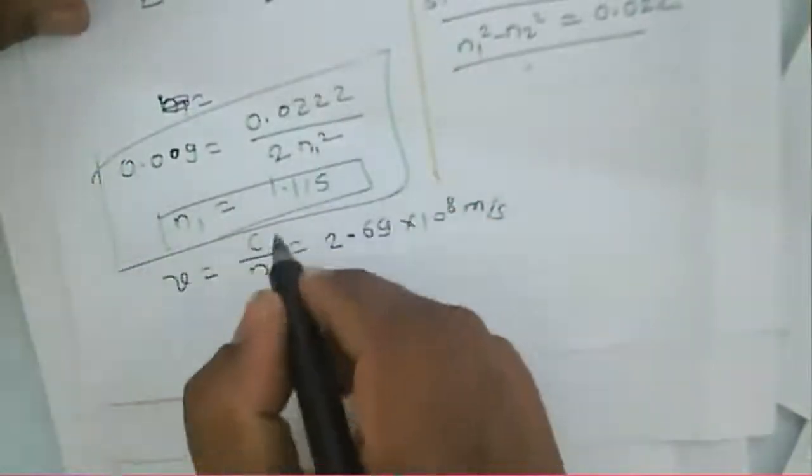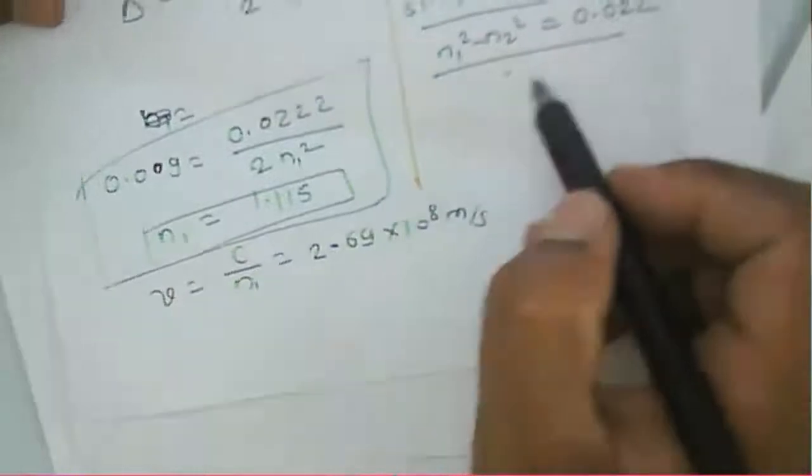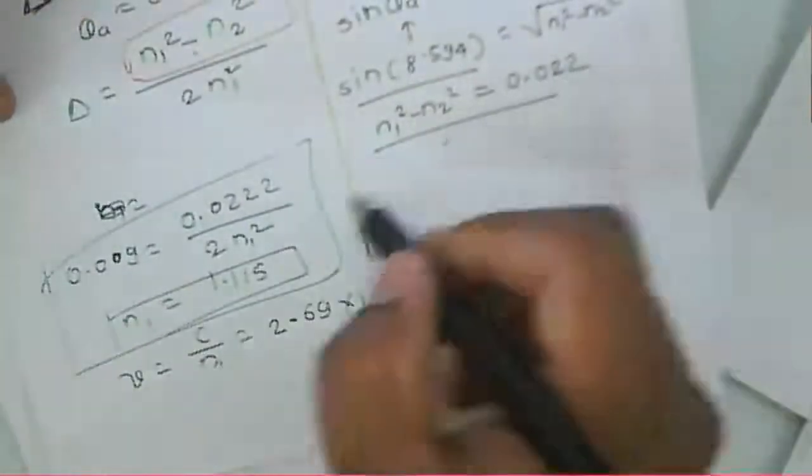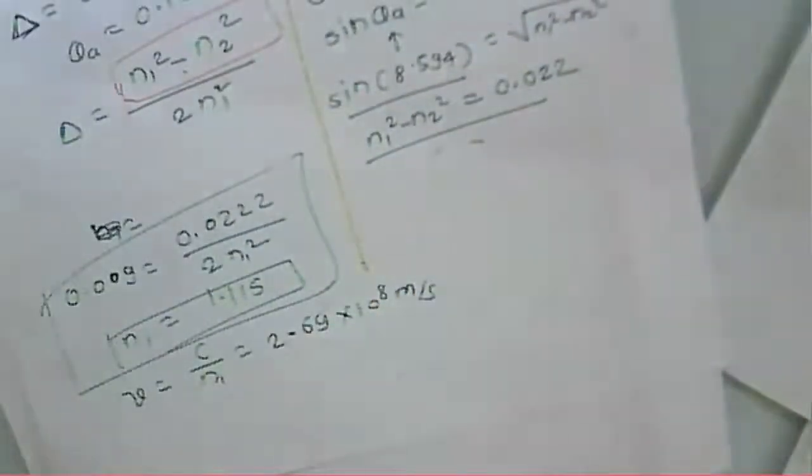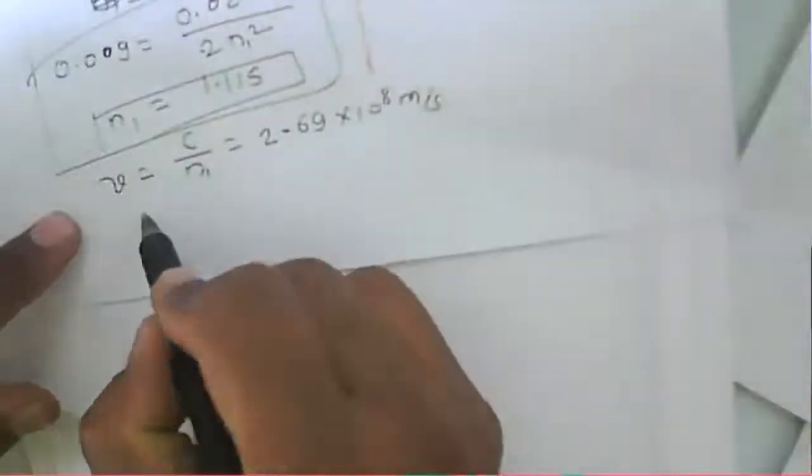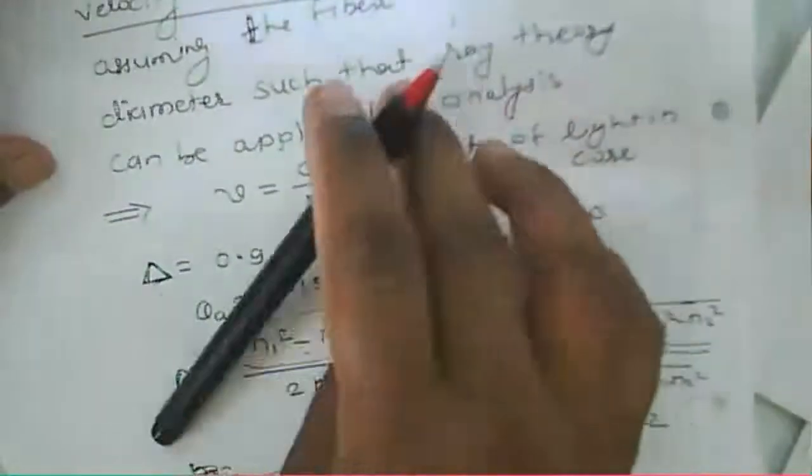Now we can check whether this n1 is about 1.115, or whichever figure I have written here. You need to verify it using your calculator. So simple. There are two terms given in the numerical. You see that these two terms are given.